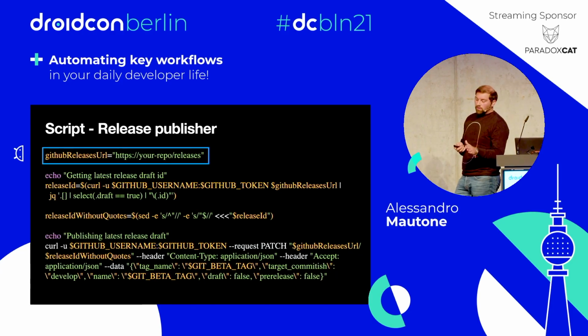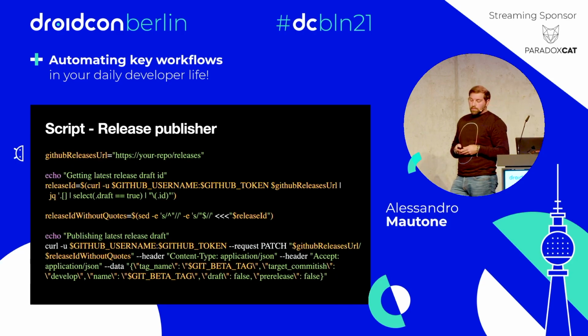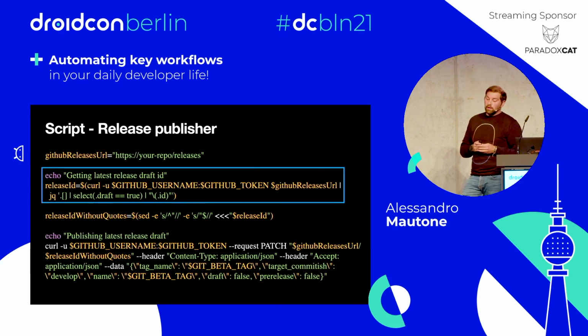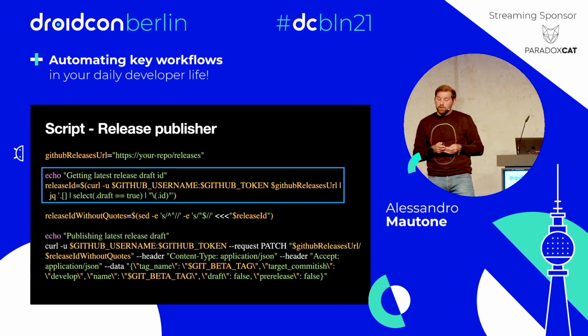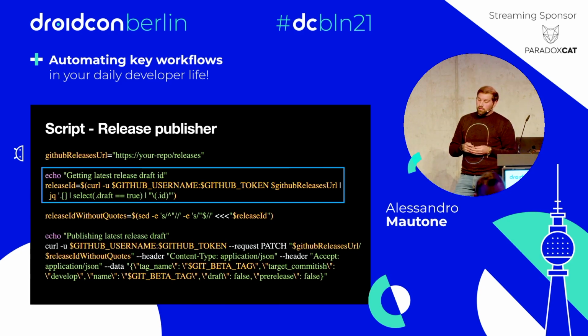So again, you define the releases URL. Then we can go to the second step where we are getting, you see, the release ID. There is a release ID variable. Here we're using a CURL command, and what we are doing is simply using an API from GitHub in order to get all the releases. Then you can see in the second line there is a JQ.